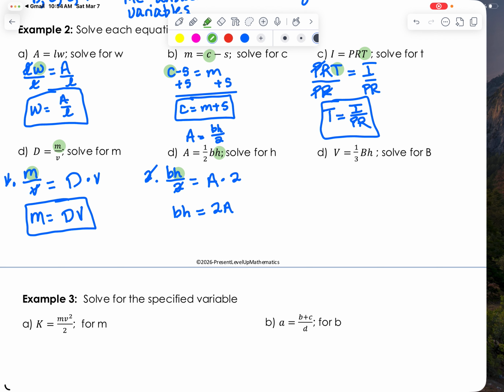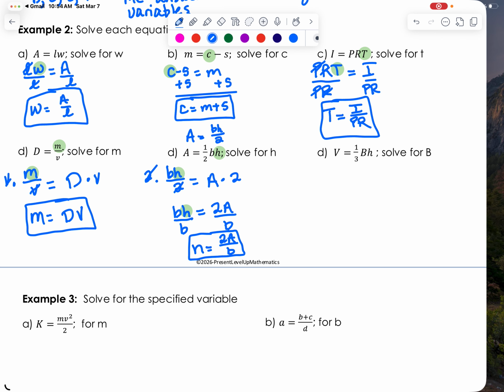Again, let me highlight what we're solving for. We're solving for h, so I want to isolate the h, which means I need to remove the b. So I'll divide both sides by b to get h equals 2 times the area, or 2A, divided by the base. 2A divided by the base.